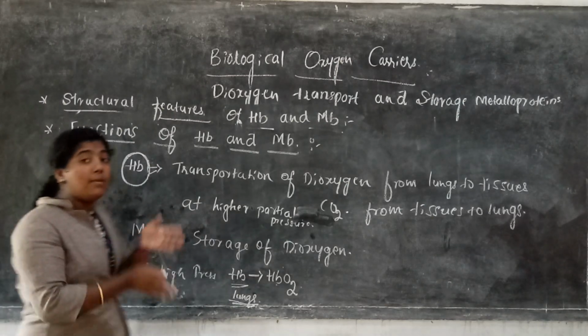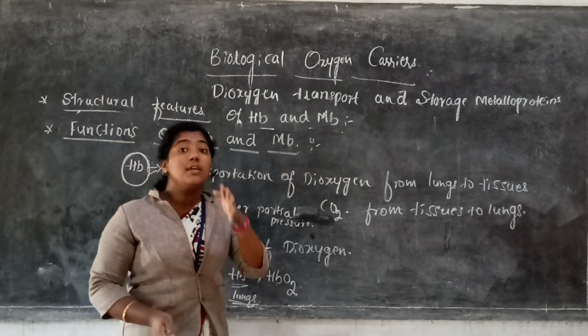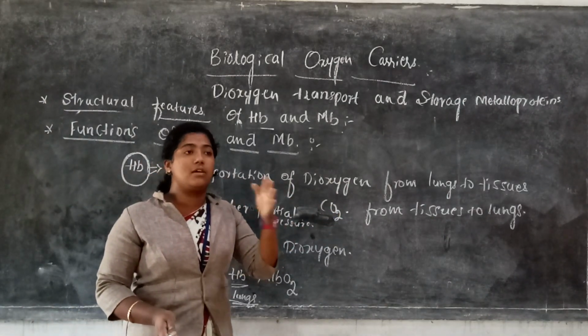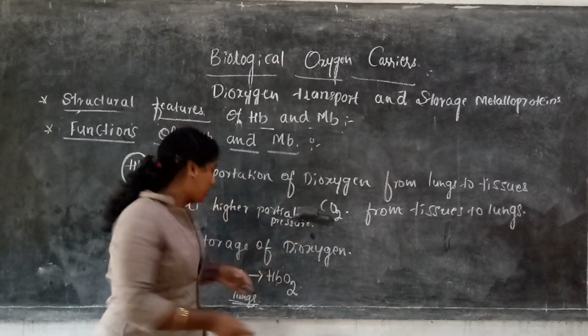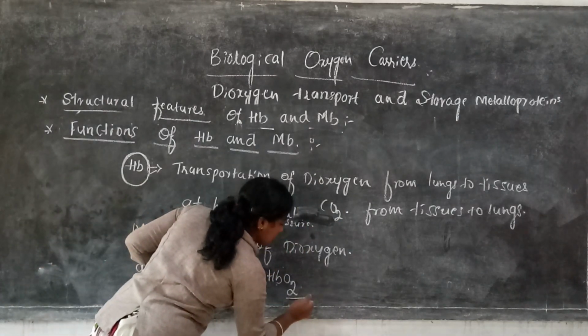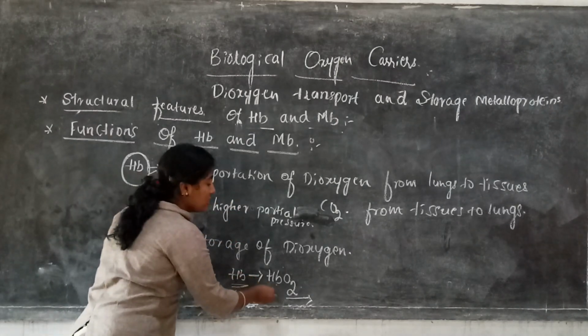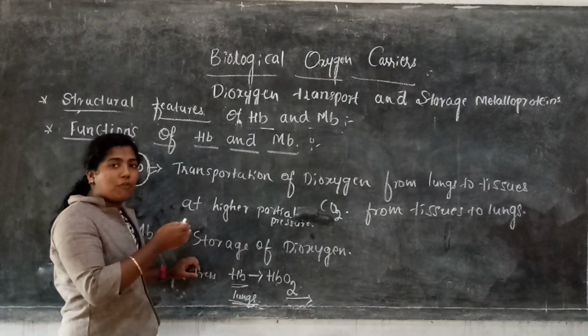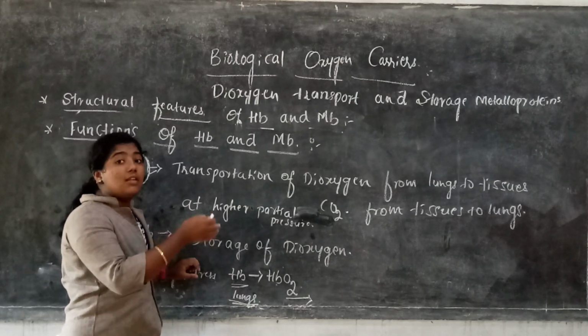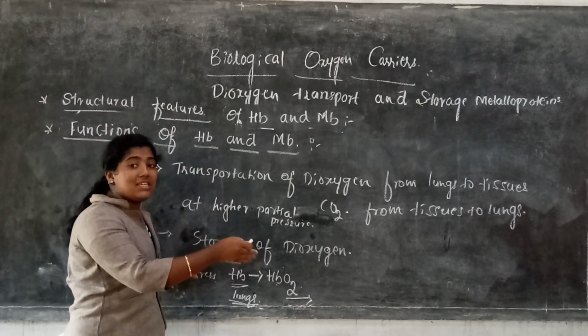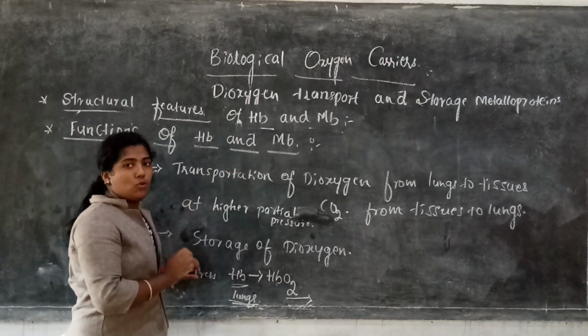Then it moves from lungs to tissues, where the partial pressure suddenly decreases. Then the dioxygen is dissociated from the hemoglobin.